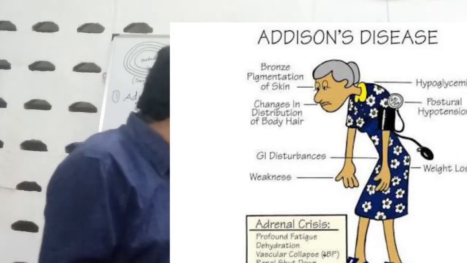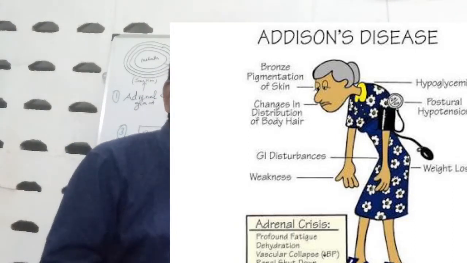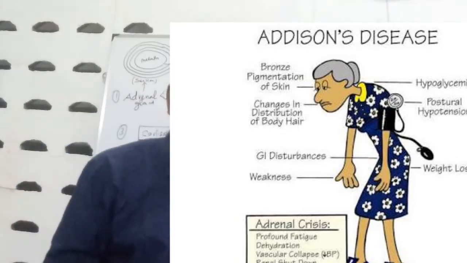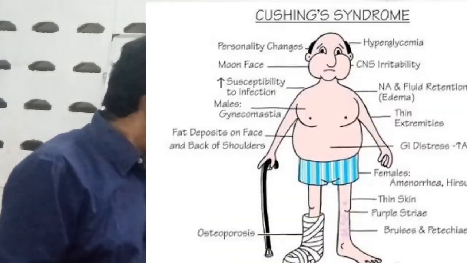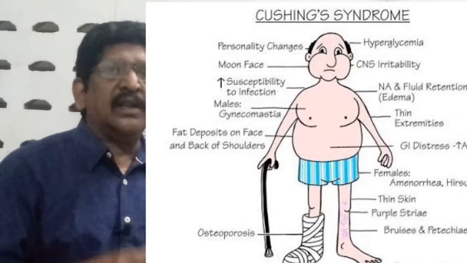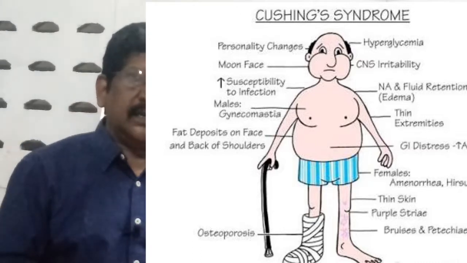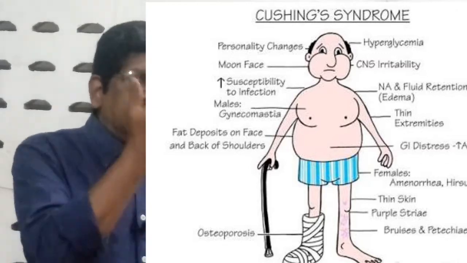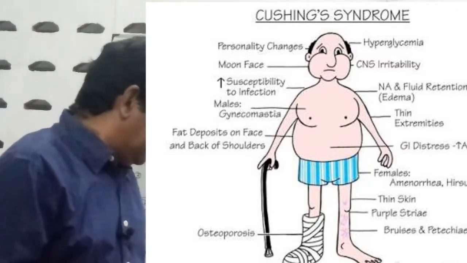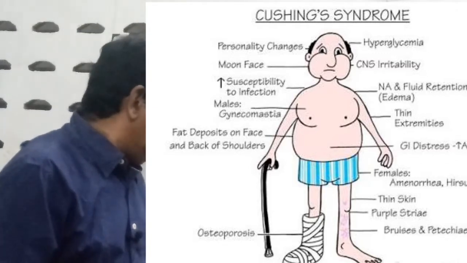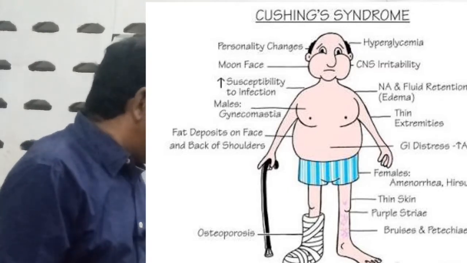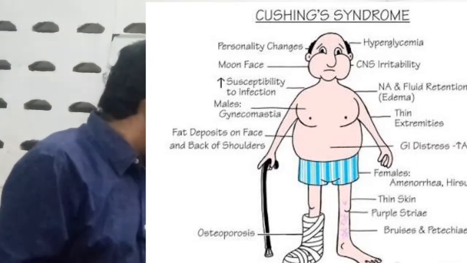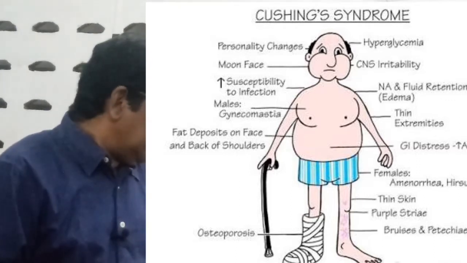Then let us come to hypersecretion of the cortex. More secretion leads to a syndrome called Cushing syndrome. What are the indications of Cushing syndrome? One, blood glucose level will increase, hyperglycemia. So hypoglycemia in Addison's disease, whereas in Cushing syndrome, blood sugar level increases, hyperglycemia.